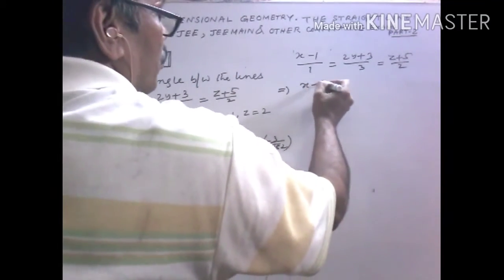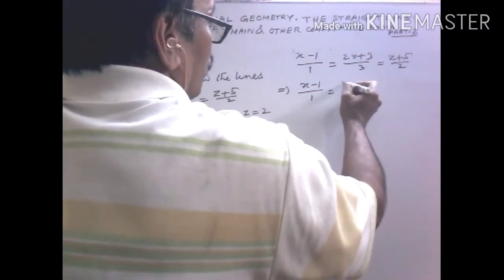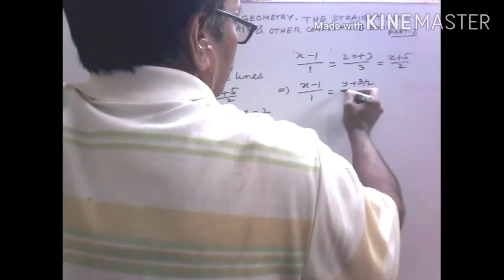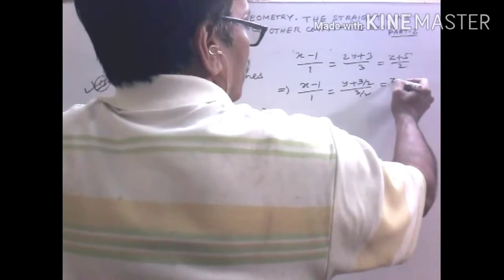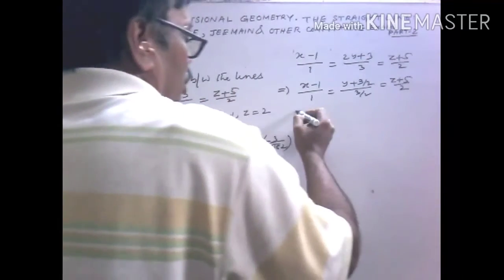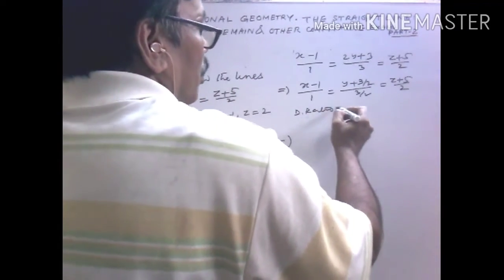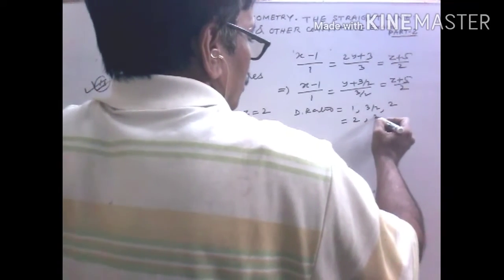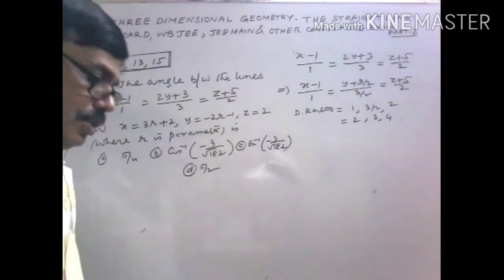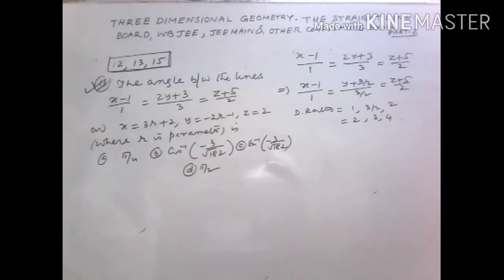To make it standard form, x minus 1 by 1, y plus 3 by 2 by 3 by 2, to make the coefficient of y 1, z plus 5 by 2. So D ratios are 1, 3 by 2, 2, that is 2, 3, 4. This is the D ratios of the first line.